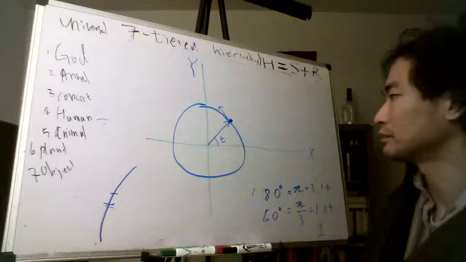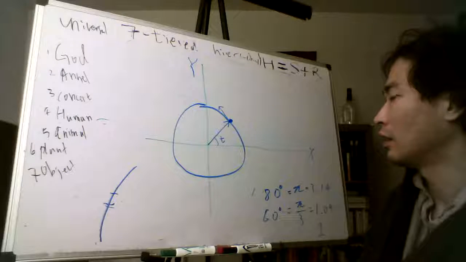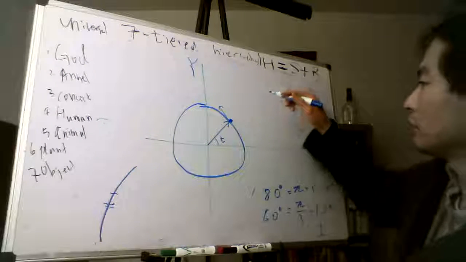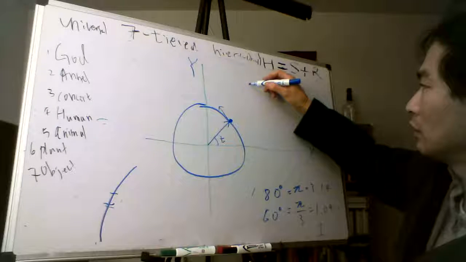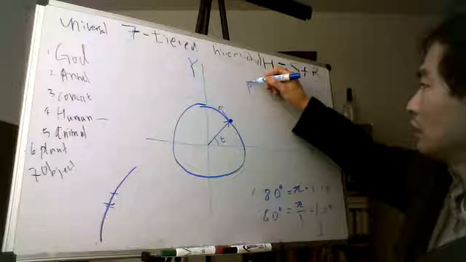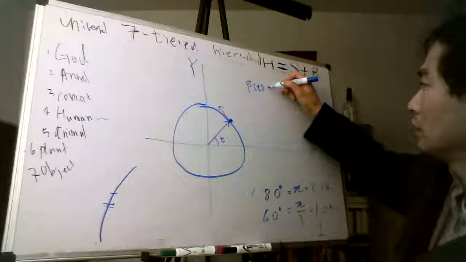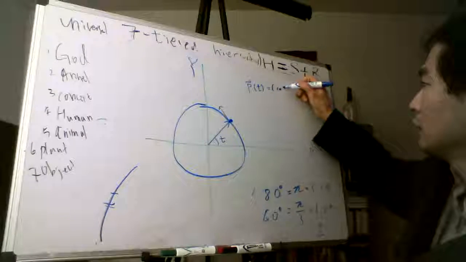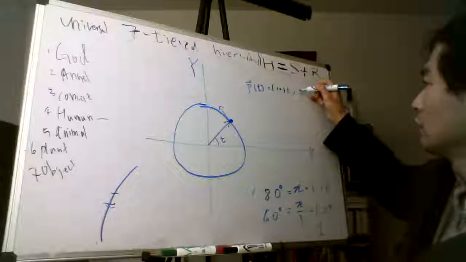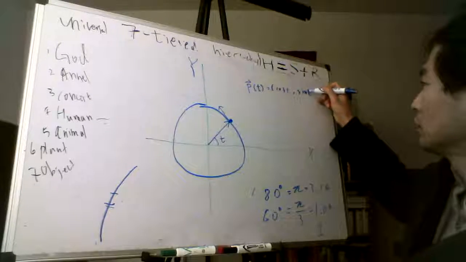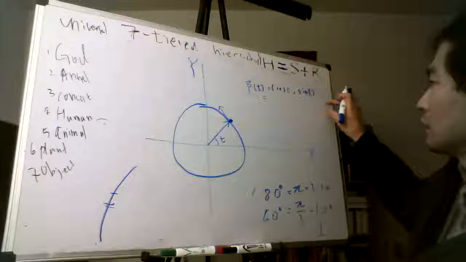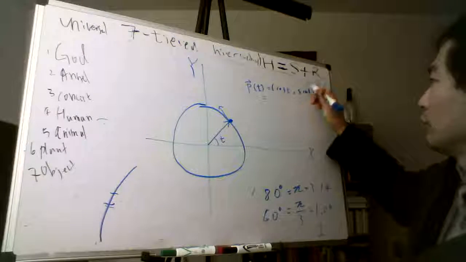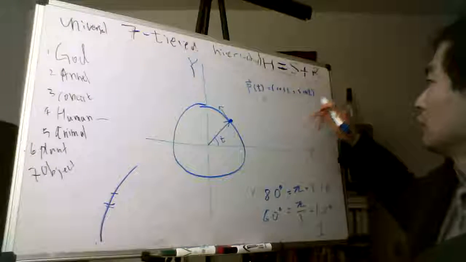Okay, so in this particular example, P(t) is equal to what? Cosine t, comma, sine t, right? This is an algebraic expression, a vector notation because we have parentheses and a comma, right?